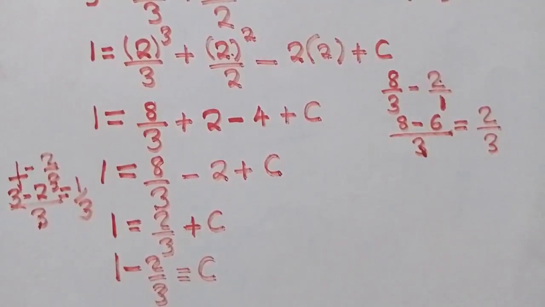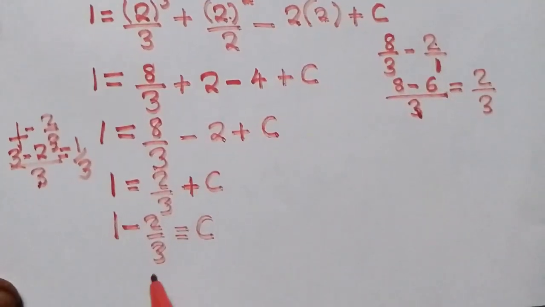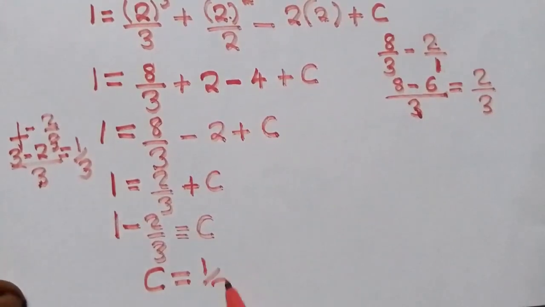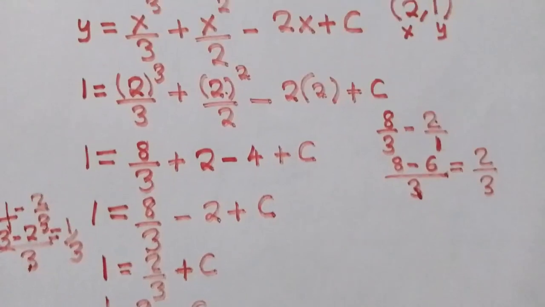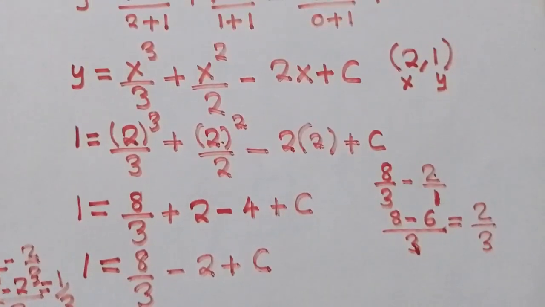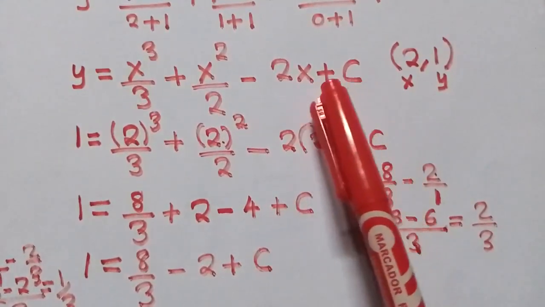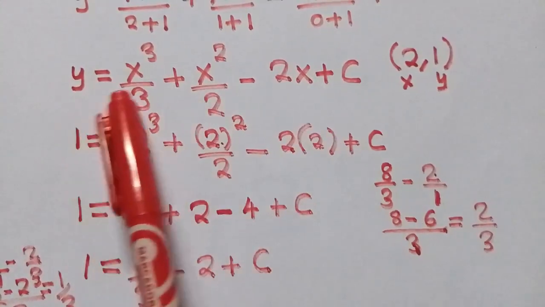Which means that C is now equal to 1 over 3. That's your C. That's how you need to find C. Then you check the equation here. This is the equation.